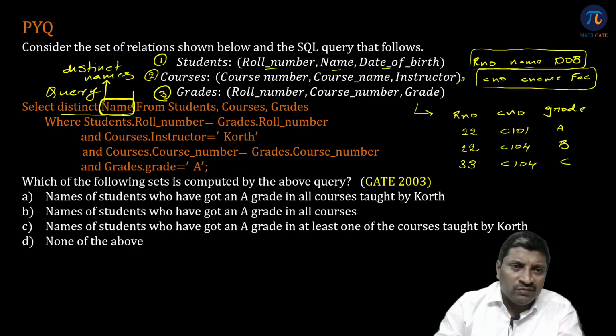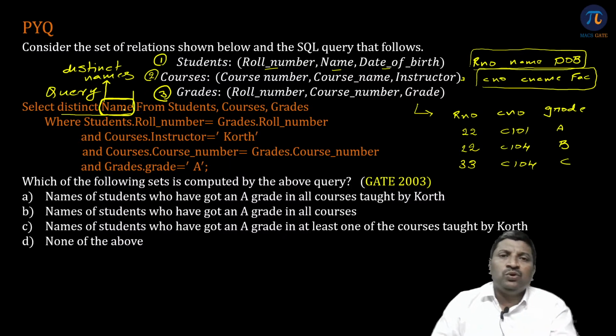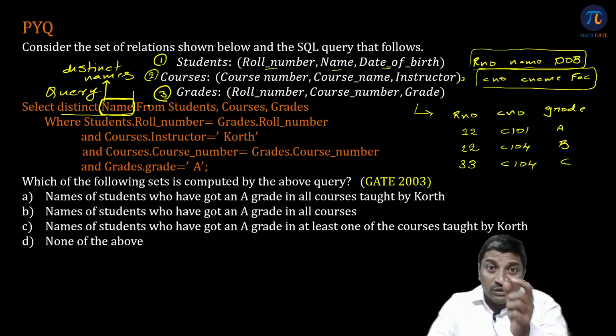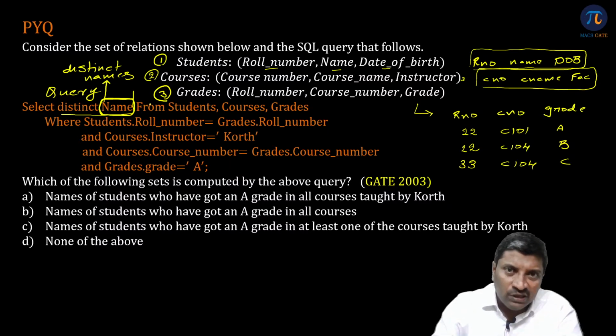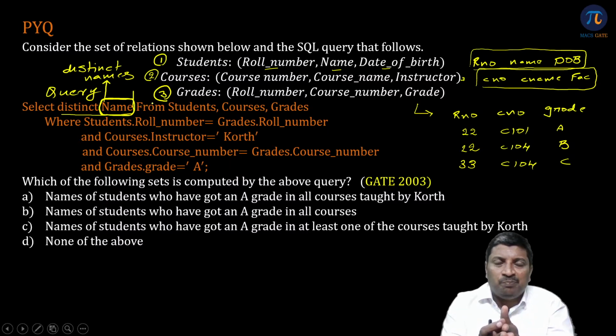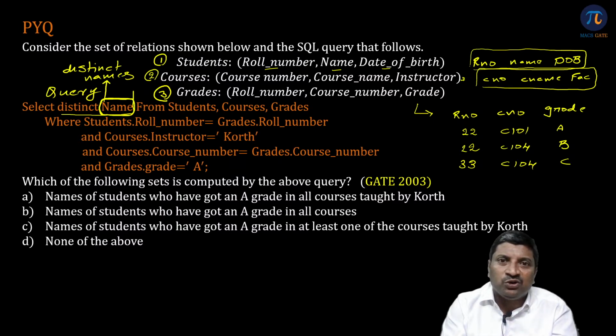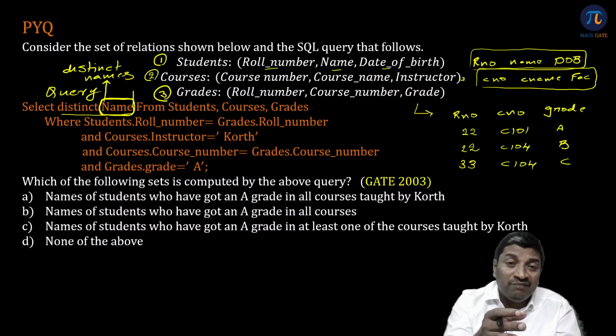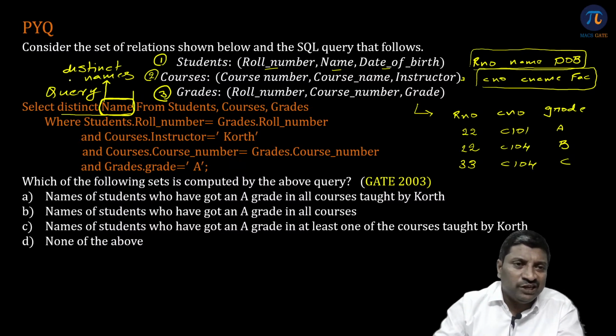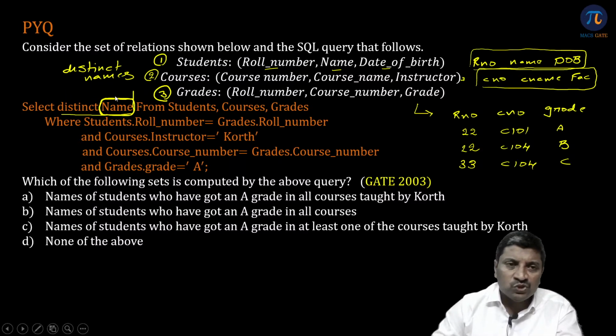When it appeared only one time, no need to specify the corresponding relation name. If name appeared in two or three relations, then I need to specify which relation the name is from. Now it is students only. So distinct student names.